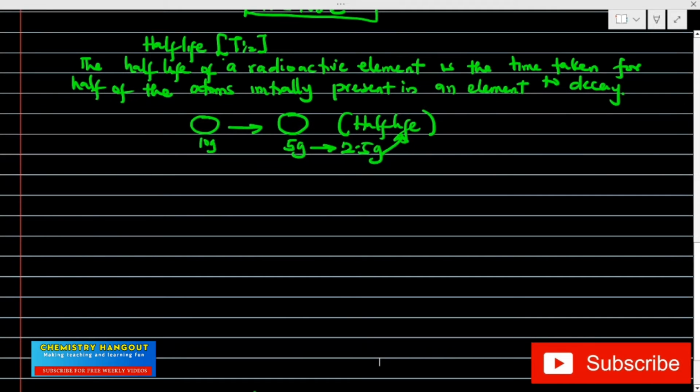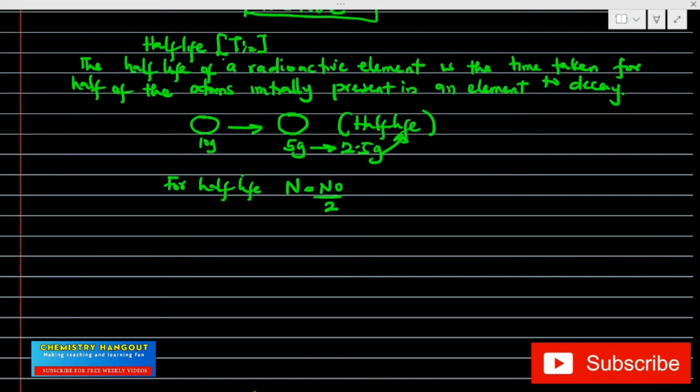So let's get an expression for half-life. So for half-life now, we know N is the number of atoms that is actually remaining, and that will be our N naught over 2. Do you see that?